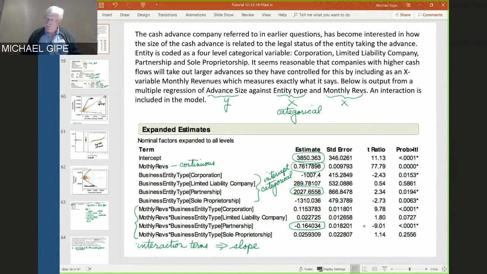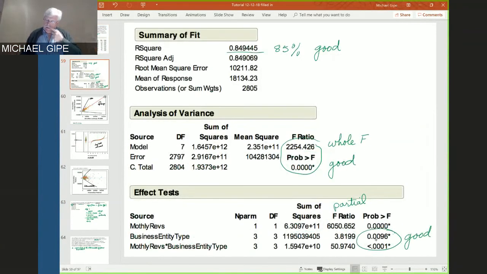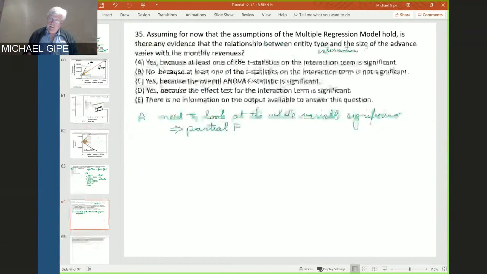So we've got t-stats that are less than 2 and greater than 2. But we have to look at the whole thing. We have to look at the partial F, and what we're seeing is this beautiful 50.97 F ratio. But just looking at the t-stats doesn't answer that question.